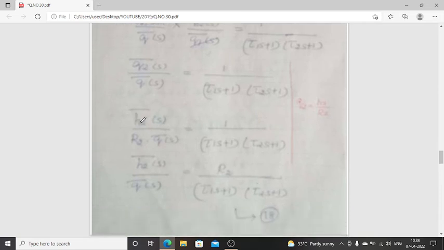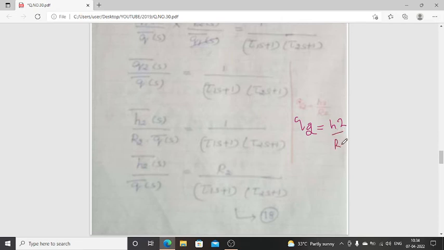So here, the H2 bar of S, how does this value come? This is the relation between flow rate and height. So here Q2 is equal to H2 by R2, clear? So from this, Q2 bar of S is equal to H2 bar of S divided by R2.